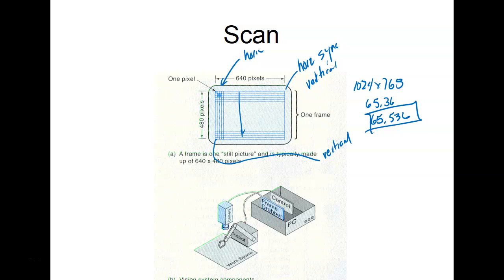That would be 1 word of memory or 2 bytes of memory for every pixel on the screen. For every pixel on the screen. And that's a lot of memory.